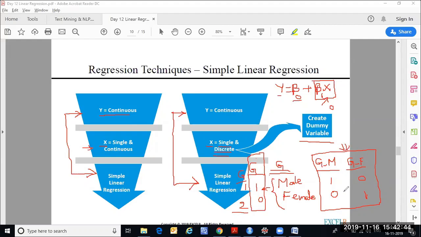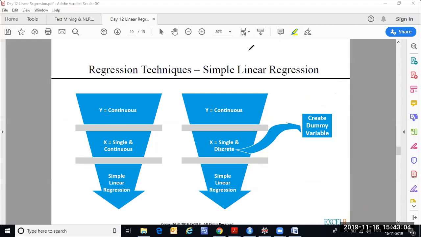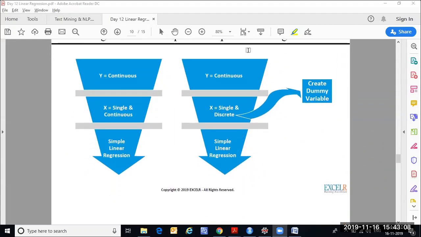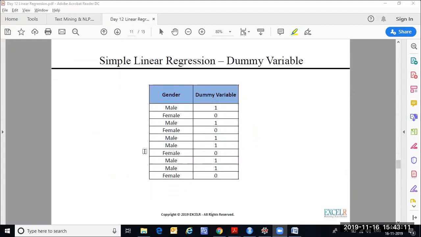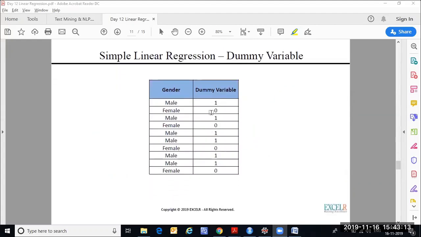Any questions with this approach? Hence, you cannot go with this type of dummy variable creation.